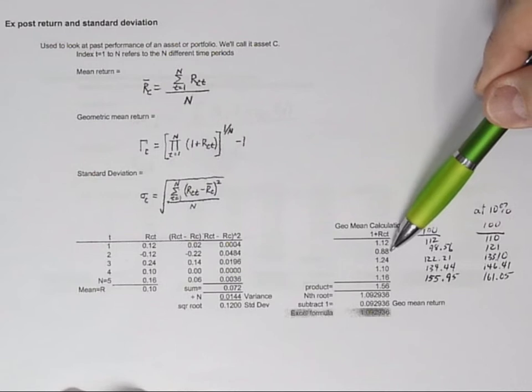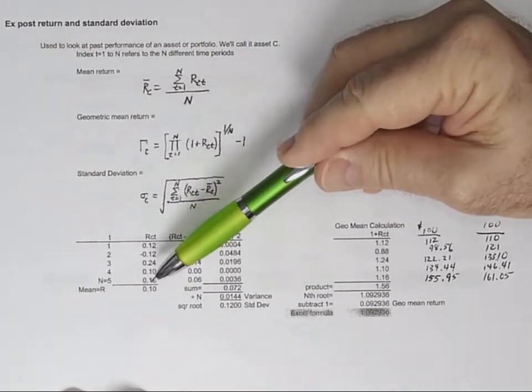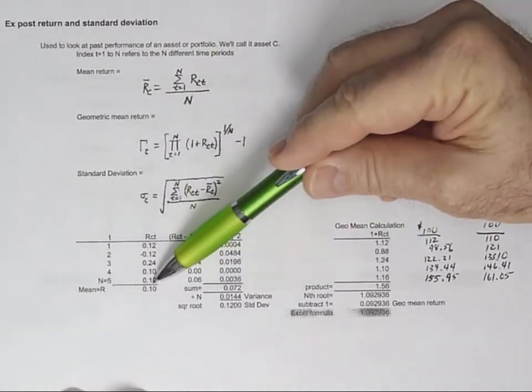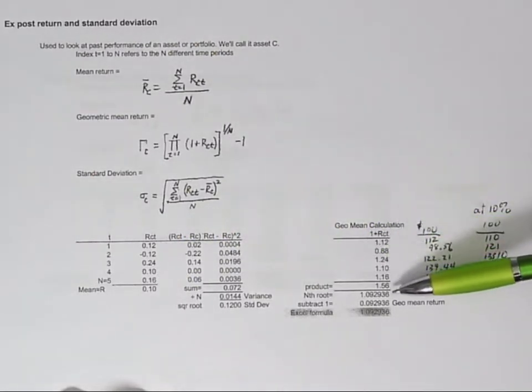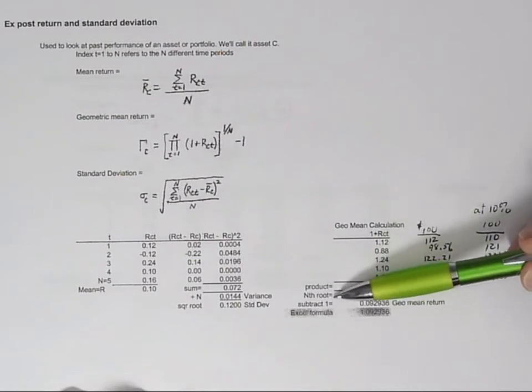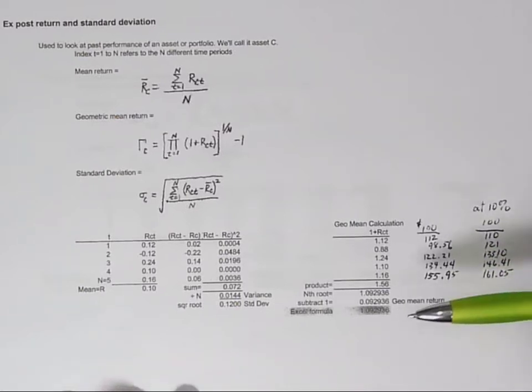That's the one that will always cause a problem. 1 plus 0.24 is 1.24. 1.1, 1.16. Multiply them together, and that gives us 1.56. Take the nth root. The exponent would be 0.2. Subtract 1, and that gives a geometric mean return.